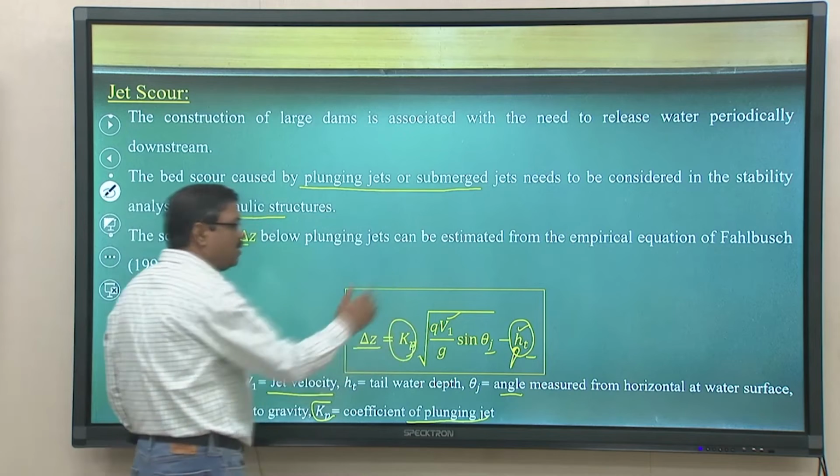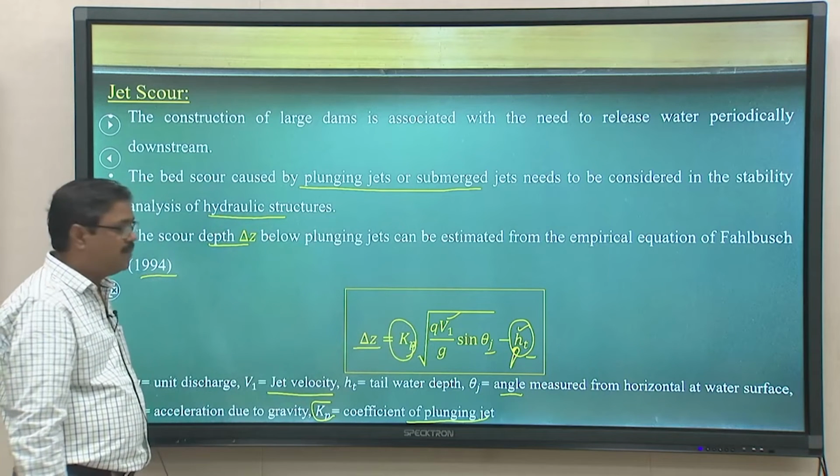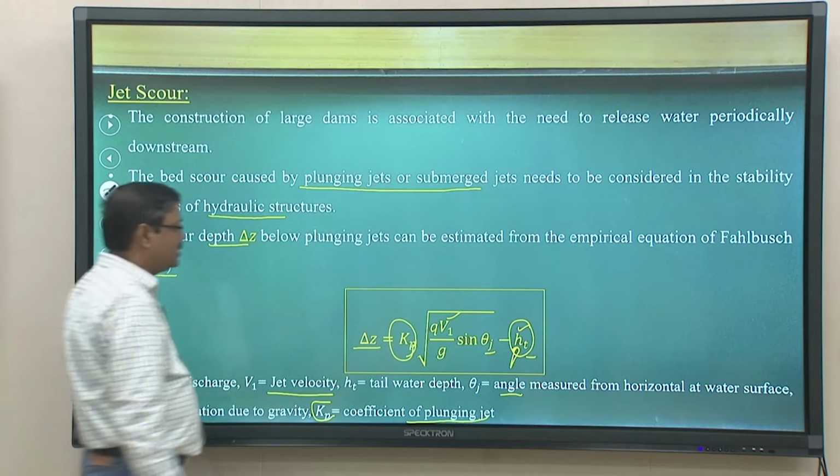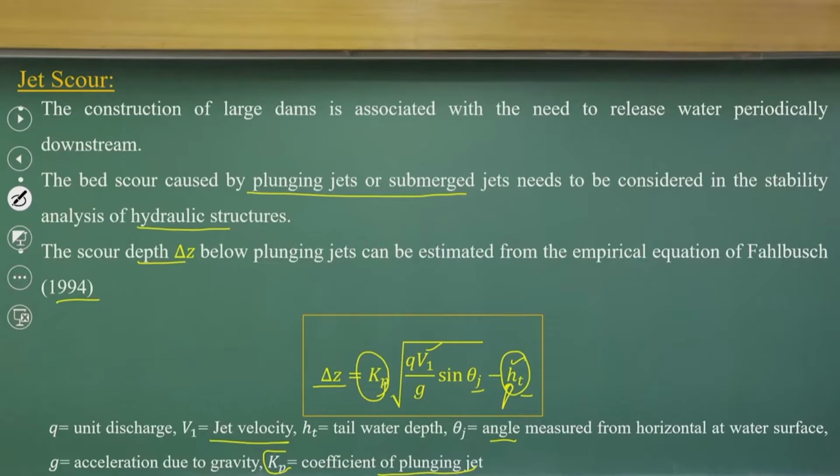Kp depends upon the bed material characteristics, and it all depends upon sin theta j. Q is the flow rate per unit width.